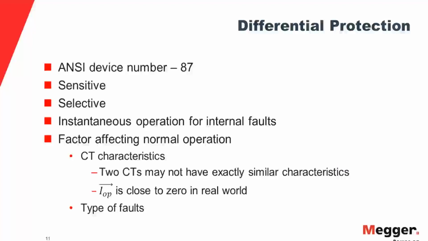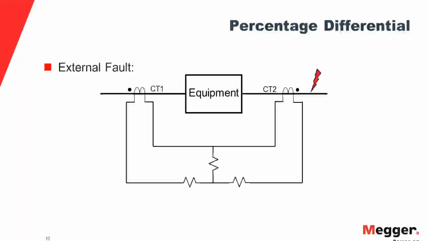They could be from the same manufacturer with the same CT ratio and same material, but they may not have the same exact operating characteristics. That might cause a current mismatch on the secondary circuit, and the relay will think that it is an internal fault. So the CT characteristics play a very important role in the normal operation of a differential function.